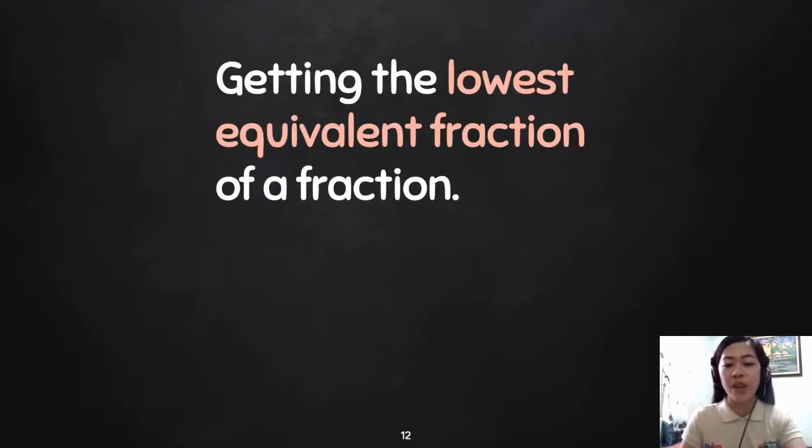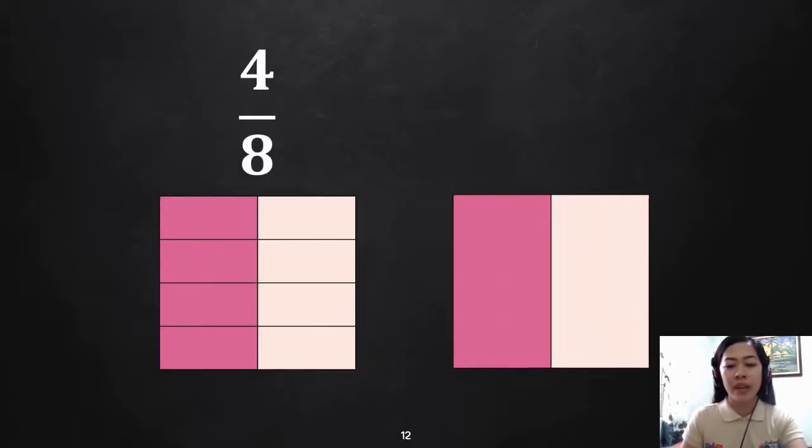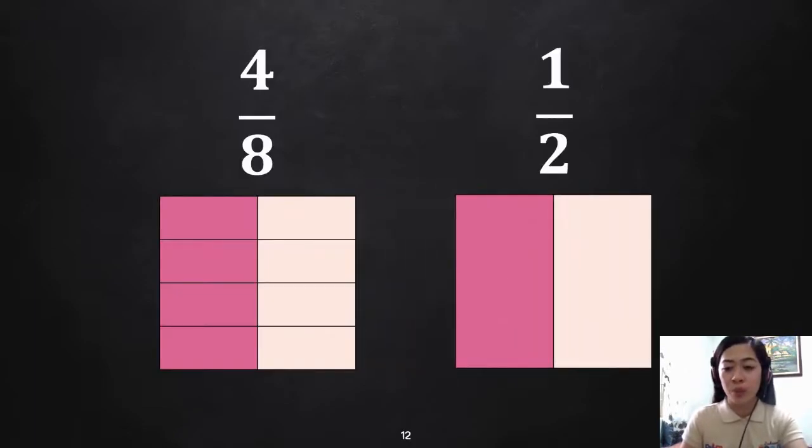Now, to answer the given problem, we have to learn how to simplify a fraction. And in simplifying fraction, we just get the lowest equivalent fraction of a fraction. For example, 4/8 is equivalent to 1/2.